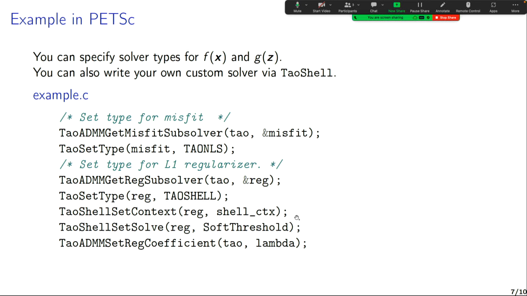Also, in this specific case, we had this lambda for the regularizer, which is very common in ADMM format. So we had a special function, so you can set the regularizer coefficient, and you can also get it, and in case you have to update it, you could do it inside of your routines.